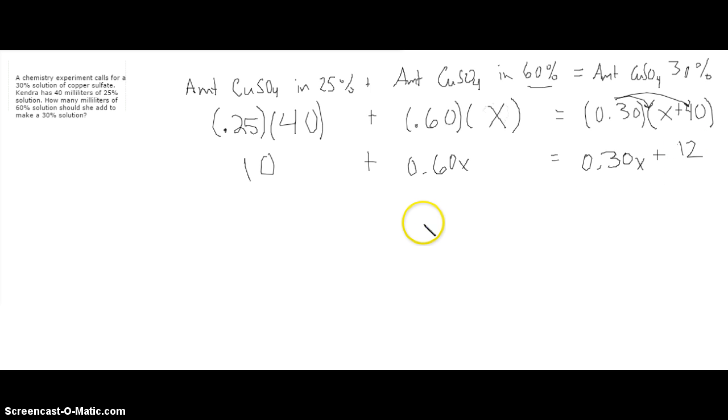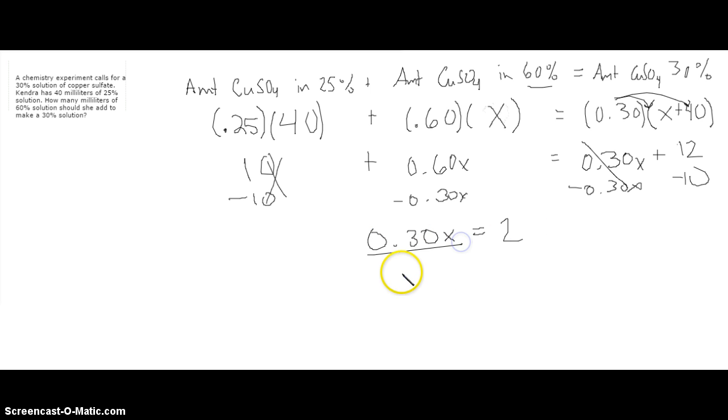So again, let's get our like terms on the same side. I would subtract 10 and then subtract the 0.3 because we end up with positive numbers that way. And we get 0.30x equals 12 minus 10, which is 2.